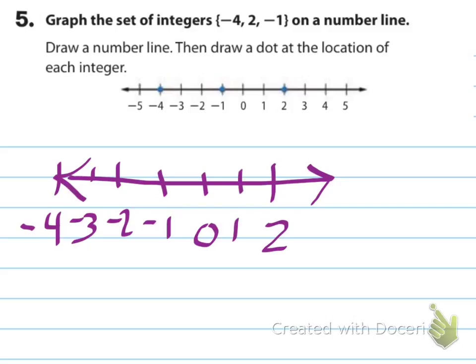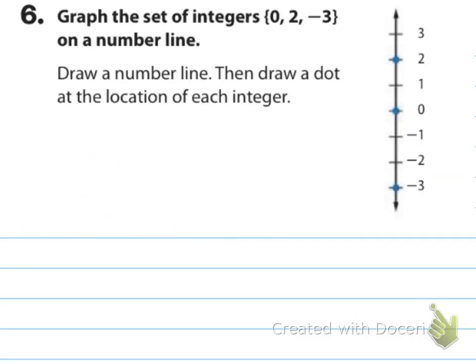Because if I'm skip counting, I'm going to skip count the whole thing by ones. All right, so now I'm going to be able to note that my -4, my -1, and then my +2. And I like to do it where I have the dots above, just because I need you to be very clear on your number line and where these dots are, okay?